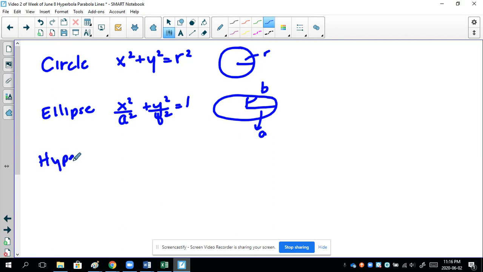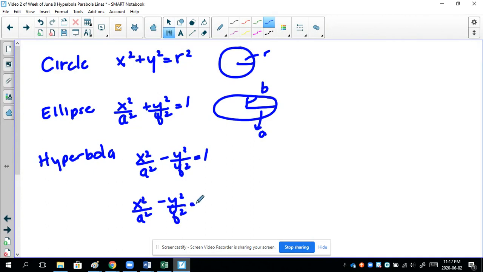Hyperbola, there are two: equal to 1, always a subtraction, or equal to -1. So 1 would open like this, and your focal points are here.